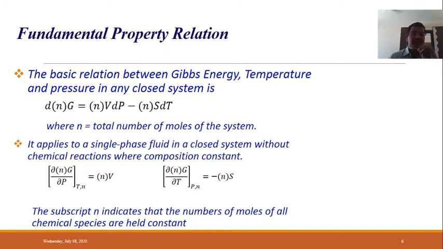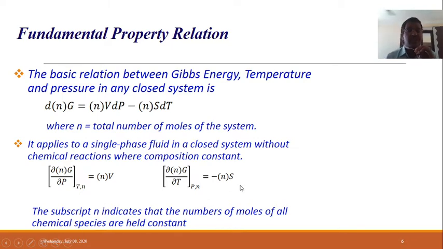If you partially differentiate this, keeping temperature constant and the number of moles constant, the equation is modified: nV is equal to the partial derivative of nG with respect to P at constant temperature and composition. And if you keep pressure constant, the equation becomes the partial derivative of nG with respect to T is equal to minus nS.